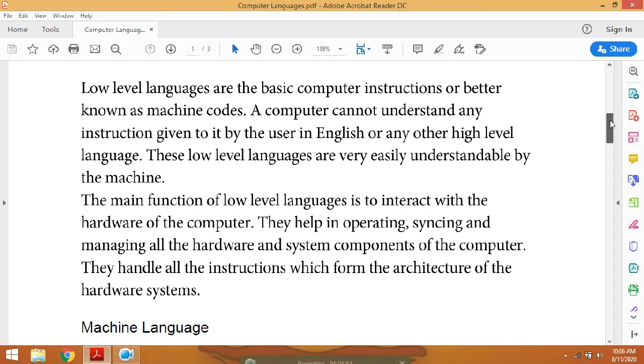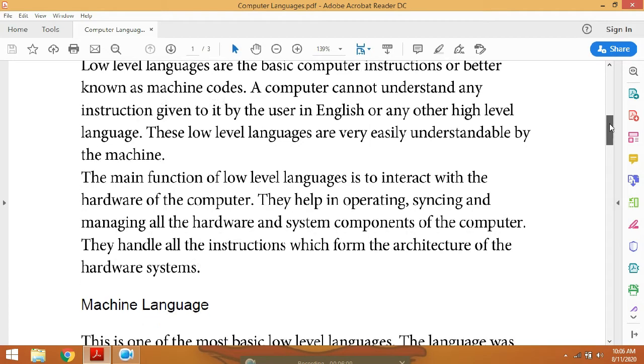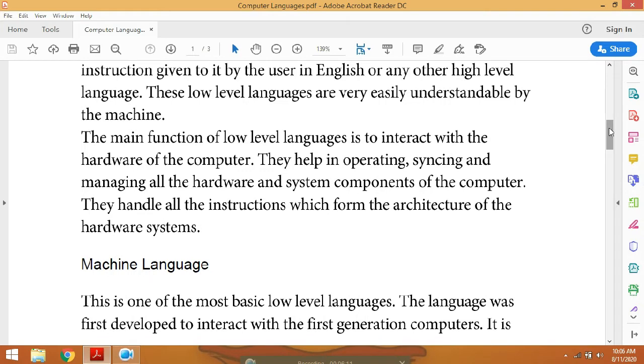Low level languages are basically the machine level languages, almost similar to the machine language, with a little bit of difference between them. They directly communicate with the hardware of the computer, so that they can manage the hardware, how to handle it, how to use it.